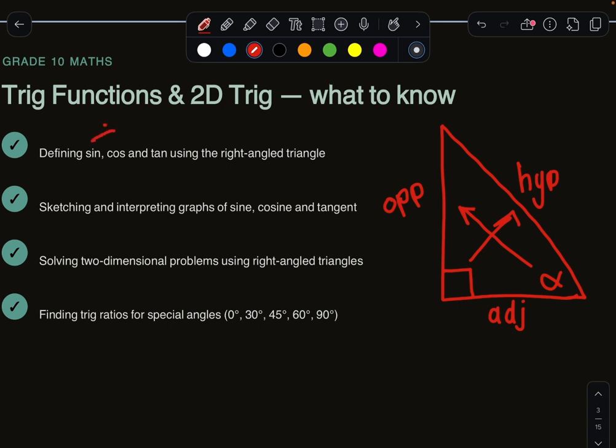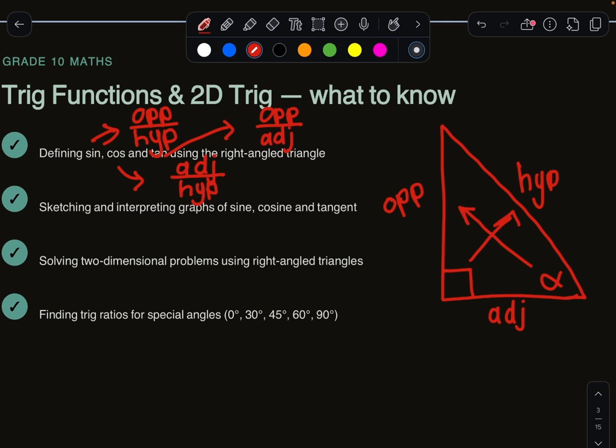So sine is always the opposite side divided by the hypotenuse, for instance. And you have to learn these. Cos is always the adjacent side divided by the hypotenuse. And tan is always the opposite side divided by the adjacent side.